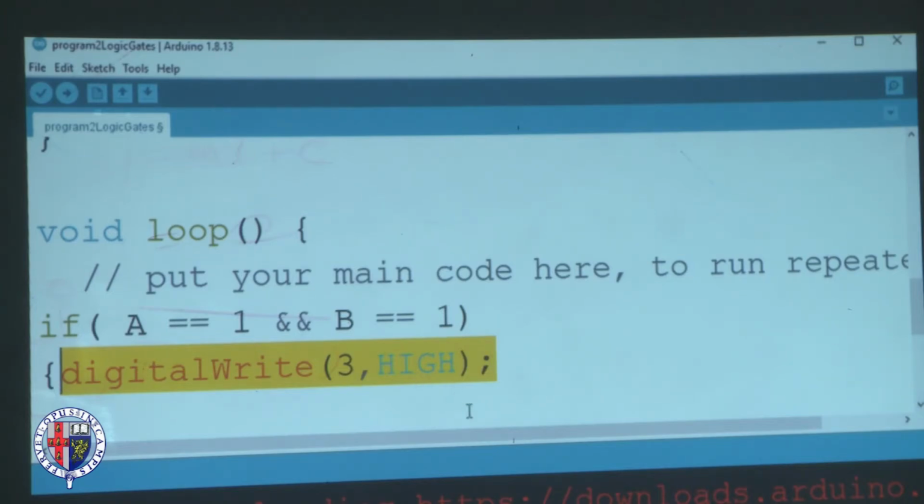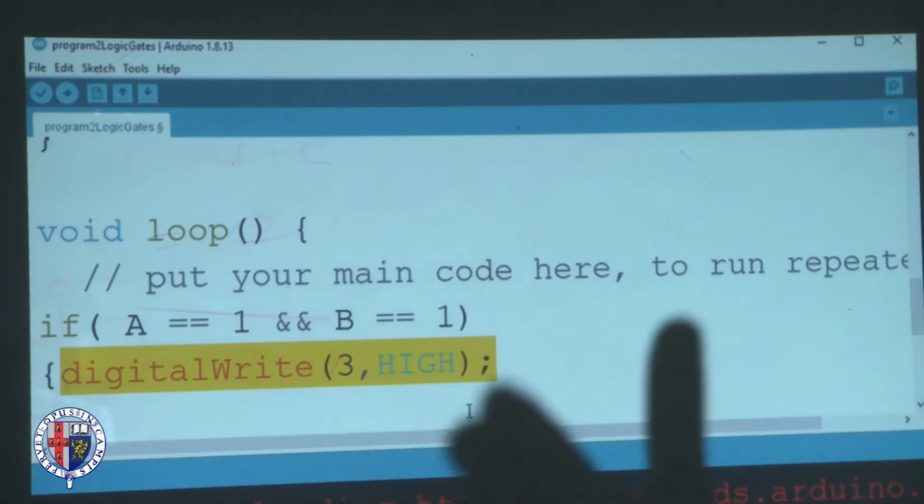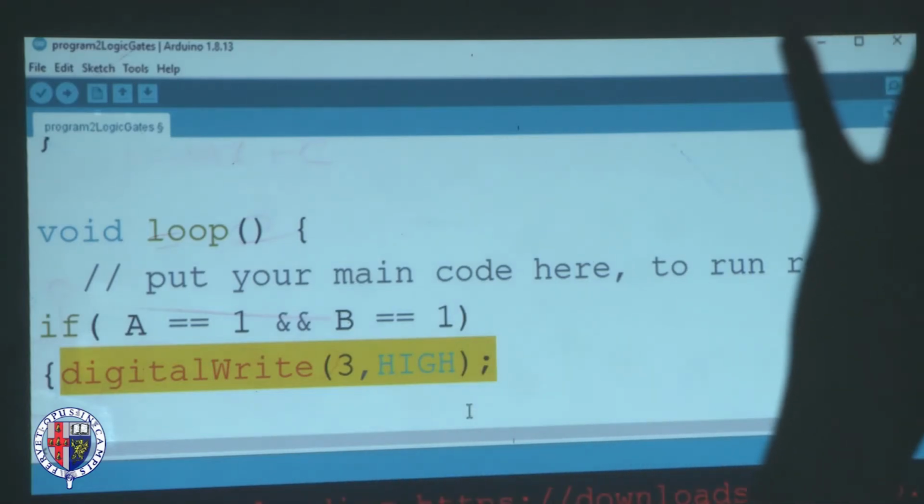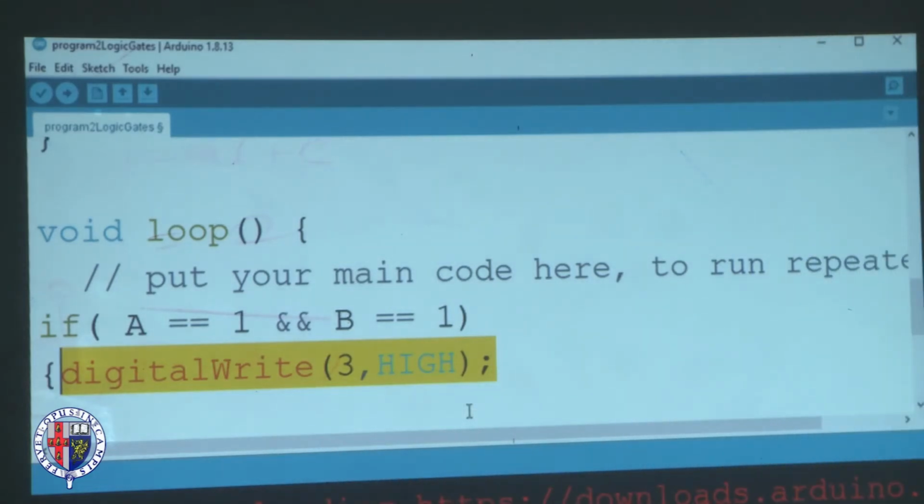Because I now want 8 of my light bulbs to light up, I'm going to have 8 digital writes on pins 1, 2, 3, 4, 5, 6, 7, and 8.